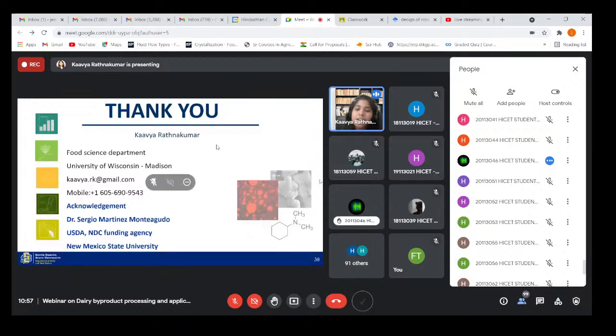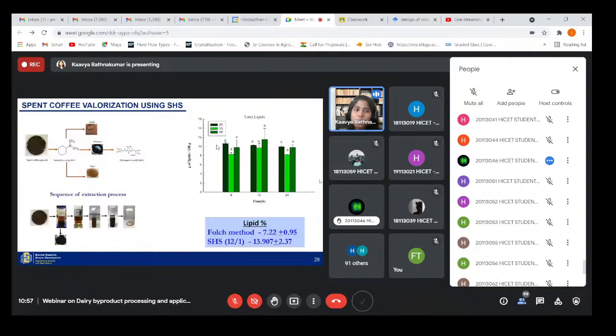If you're interested, I can also share a few things on how we are researching this switchable solvent, not only for the dairy byproducts. We tried using it to obtain coffee oils, using the spent coffee ground, which is from our same department, and using this switchable solvent, we tried to extract the oil.